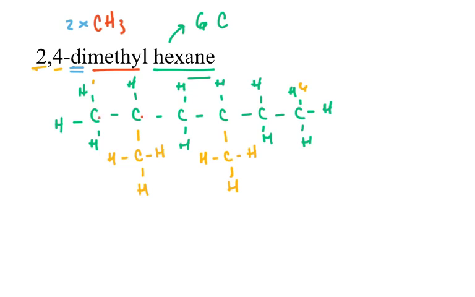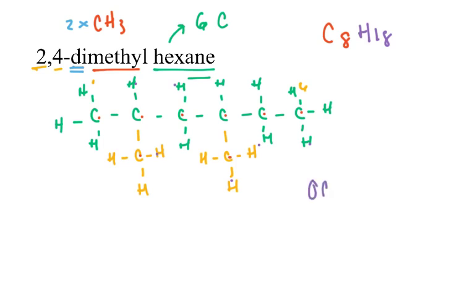Let's count up all the carbons. So we have 1, 2, 3, 4, 5, 6, 7, 8. So our whole thing has 8 carbons. And we have 1, 2, 3, 4, 5, 6, 7, 8, 9, 10, 11, 12, 13, 14, 15, 16, 17, 18 hydrogens. So based on our normal naming, C8, that's oct.